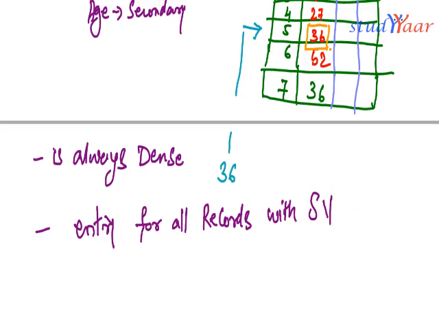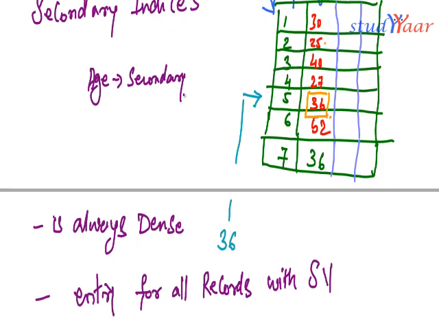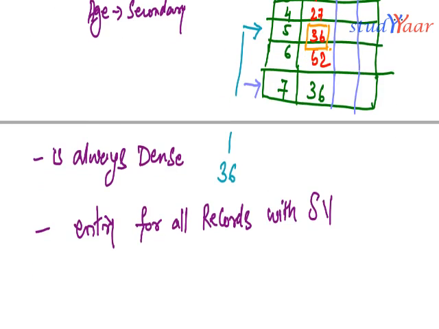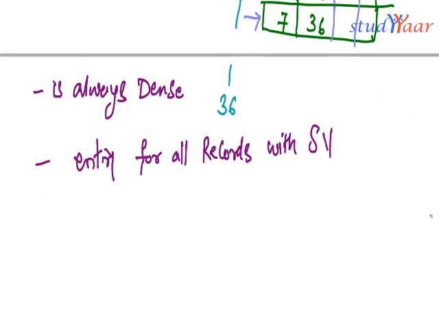Okay, so for all the people having 36 as age, I should have a pointer. So this is it. Okay, so it is dense and it has all the records for a given search key value in its index entry.